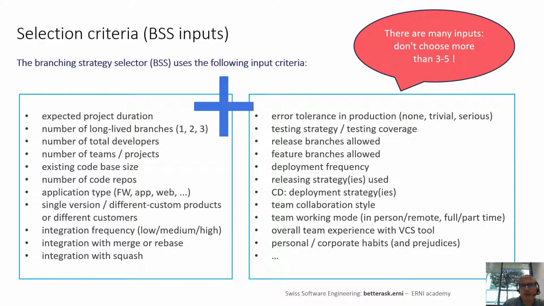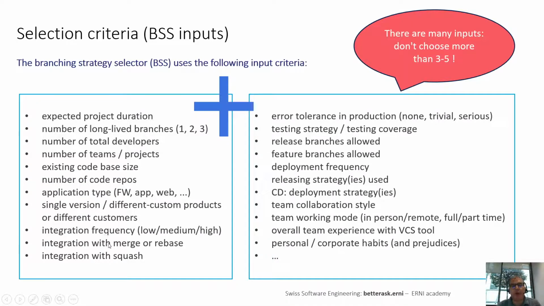I'm not going to read them all, but there's the duration, as I said, the existing code base size, if you have one or more repositories, which kind of application it is: a firmware, a mobile app, a web service. How often do you integrate? By integrate we mean your developers' changes.